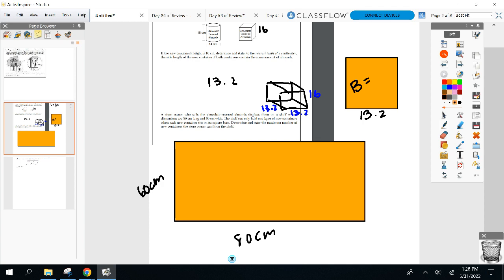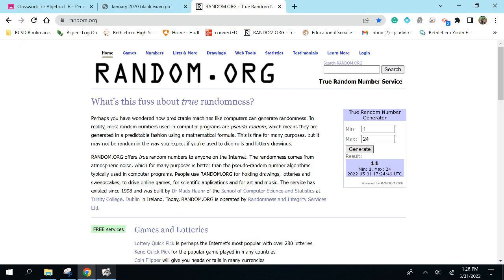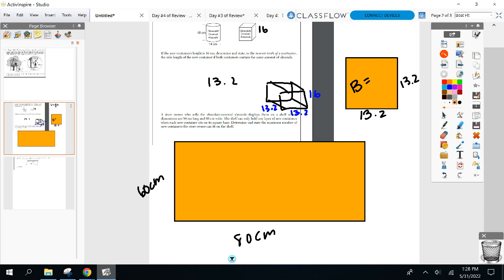Square base, right? Square base. 13.2 by 13.2. So here we go. We're going to pretend my little post-it notes here are 13.2 by 13.2, right?